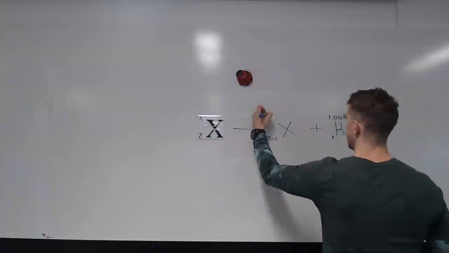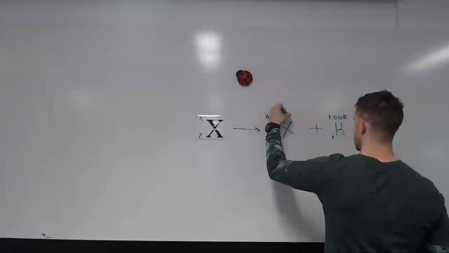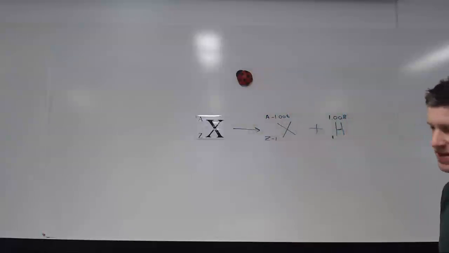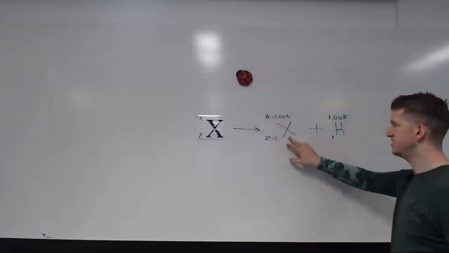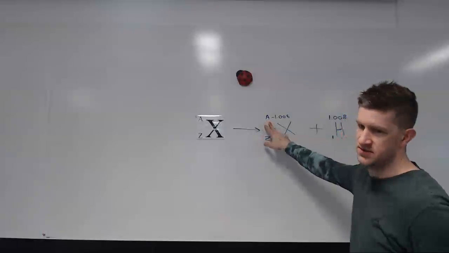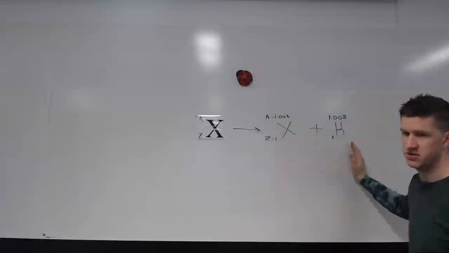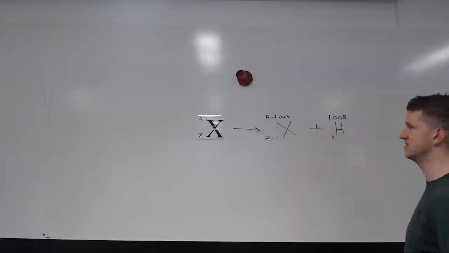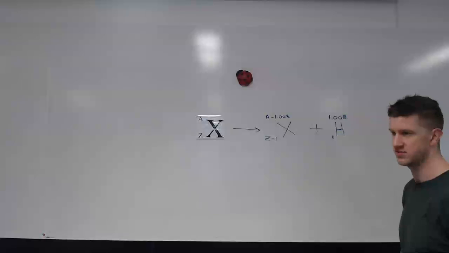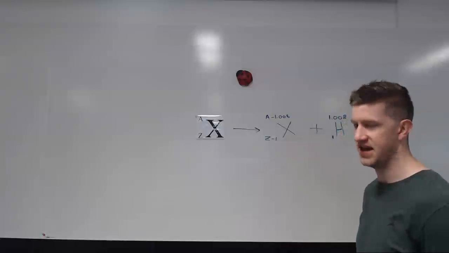On this side, I now must have A minus 1.008 as its atomic mass. So whatever this is, it has Z minus 1 protons and A minus 1.008 as its atomic mass. So this is an example of how we would use atomic notation. It has to be balanced. I can't just create or subtract mass, and I can't add or subtract protons from nothing. They have to come from somewhere.